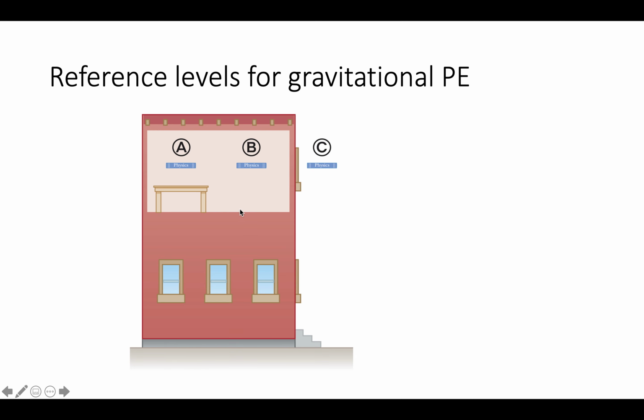But if I care about the floor, then I can set 0 to be here, and I have more potential energy relative to the floor than I do to the table. But it doesn't really matter, because all that matters is the difference in going from this point to this point, or this point to that point. I just set the difference in potential energy levels to suit where I'm going to end up.